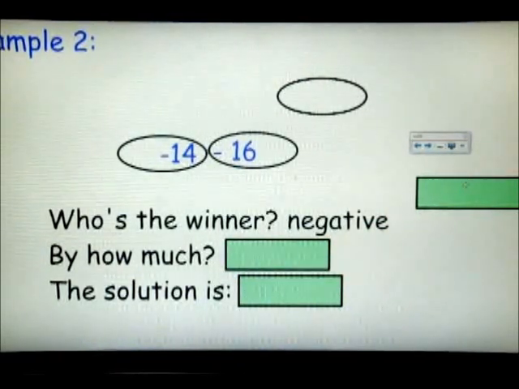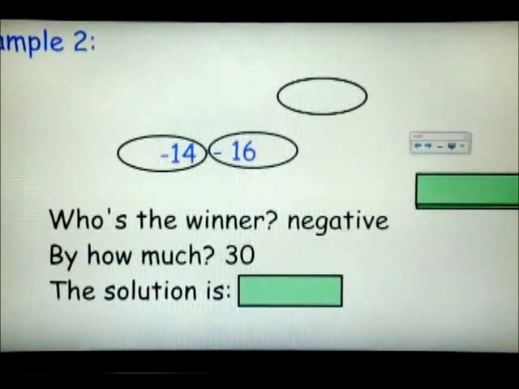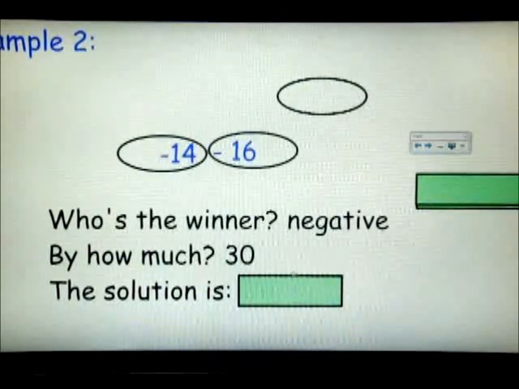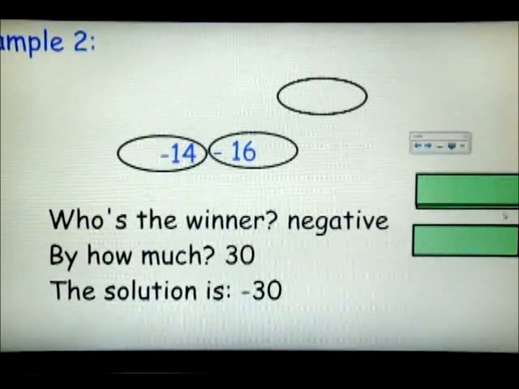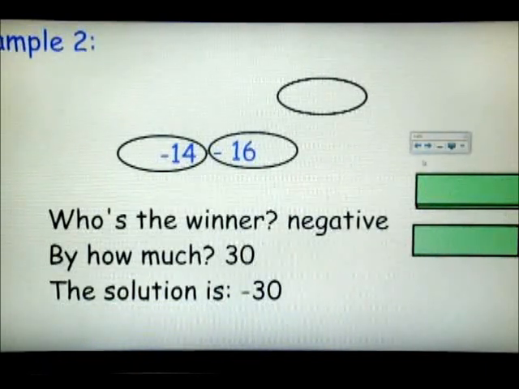So, because they're on the same team, we just total up their points. If they put up 14 points and then 16 points, it's 30 points. Negative 30. So with these first two examples, hopefully you can see it's really no different than what we did yesterday. The only difference is that we're looking at a minus sign to be equivalent to a negative sign.